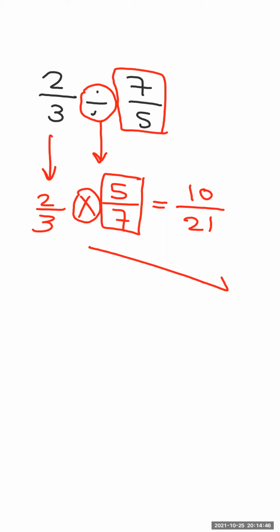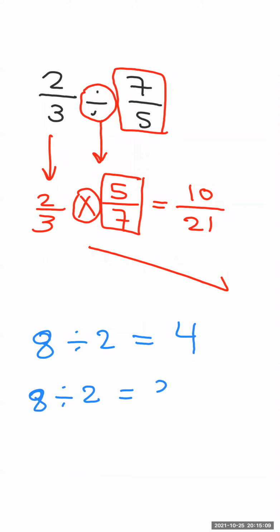Okay. Now I will show you. If I ask you a question like 8 divided by 2 equals what? So directly you will say that it will equal 4, right? So apply the same rule here. It's 8 divided by 2, which means 8, change the division into multiplication, flip the number.